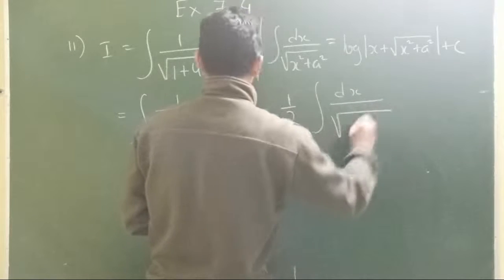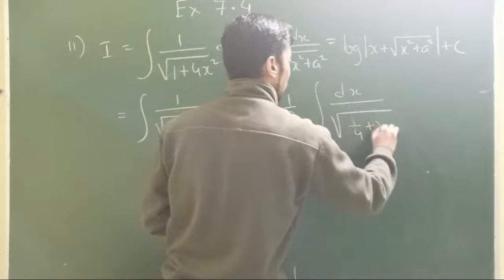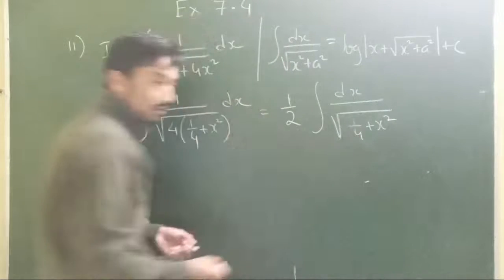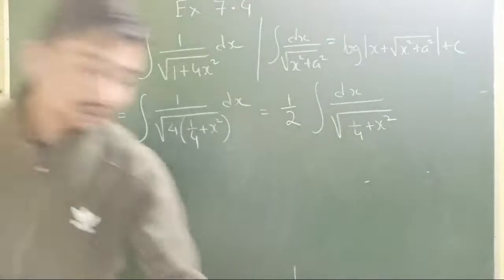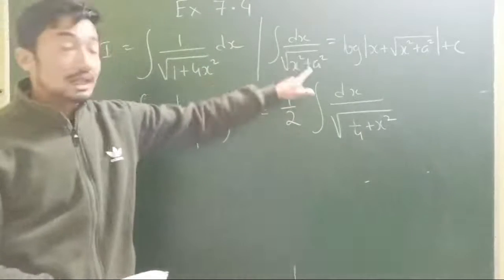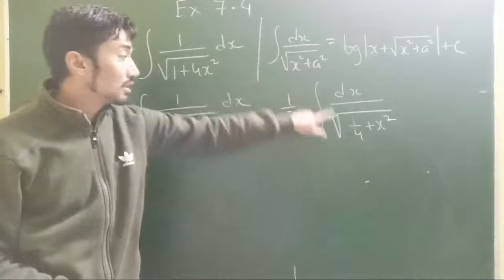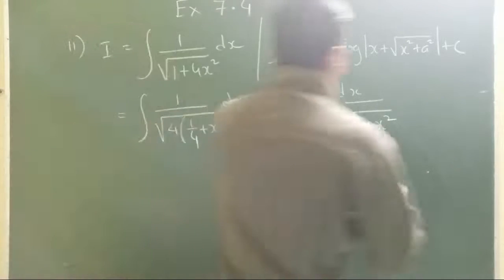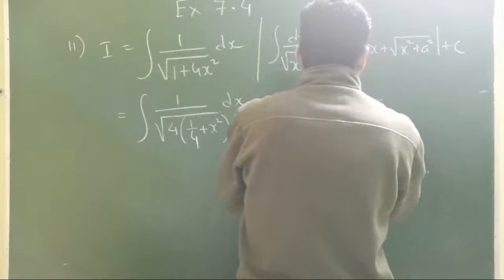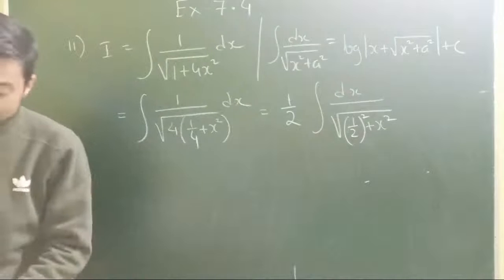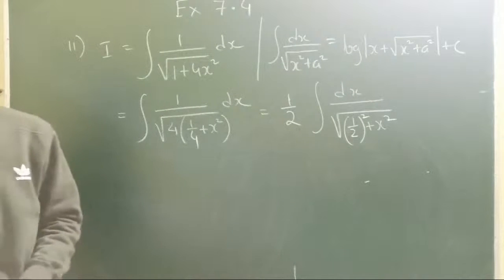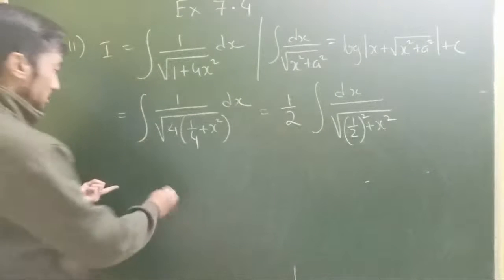Root over of 1 by 4 plus x squared. That 1 by 4 we can write as a squared, because 1 by 4 can be written as 1 by 2 whole square. I'm trying to reduce the steps here.